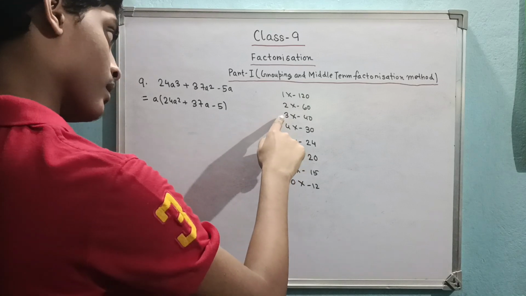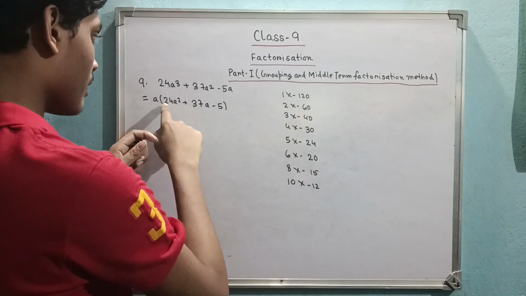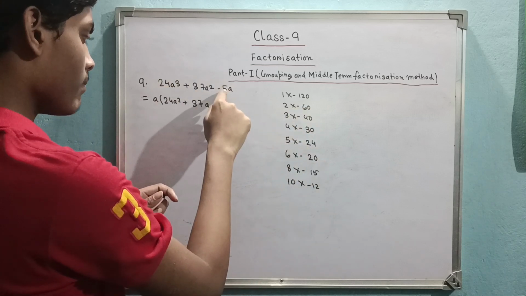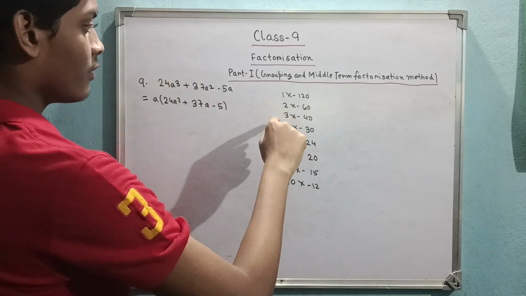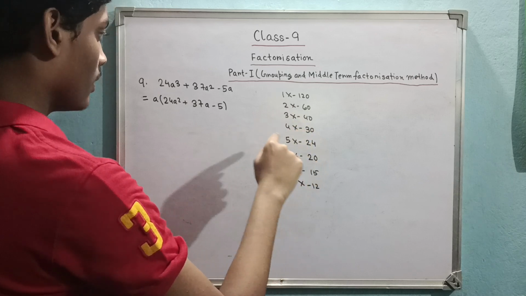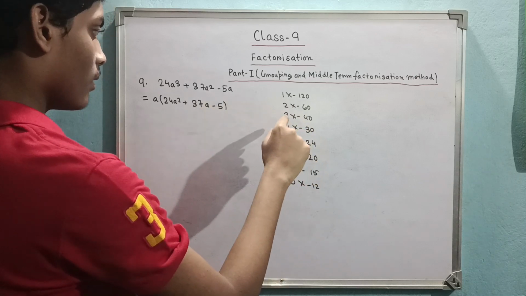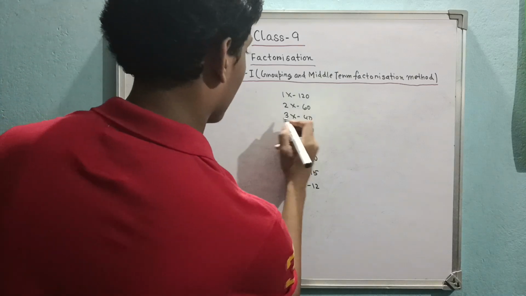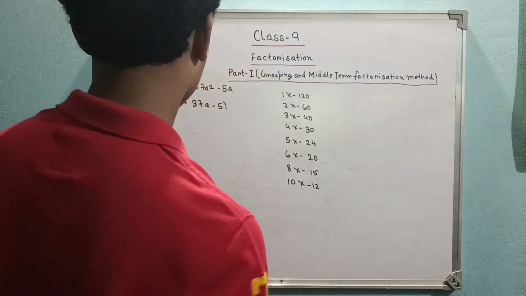See this, guys. 3 into minus 40 is minus 120, the same as 24 into minus 5, and 3 minus 40 is minus 37. Sorry, so yes.